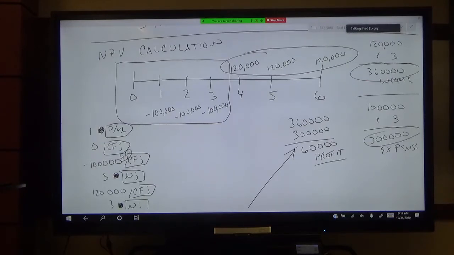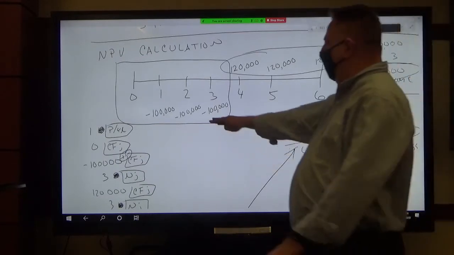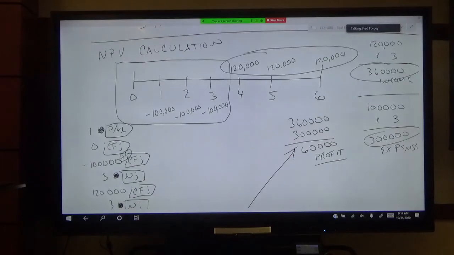Does that make sense, everybody? So, as a result of those being pretty much all but certain, the risk is low.